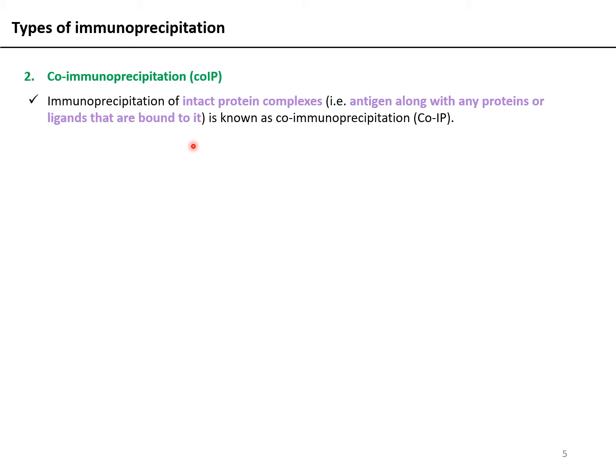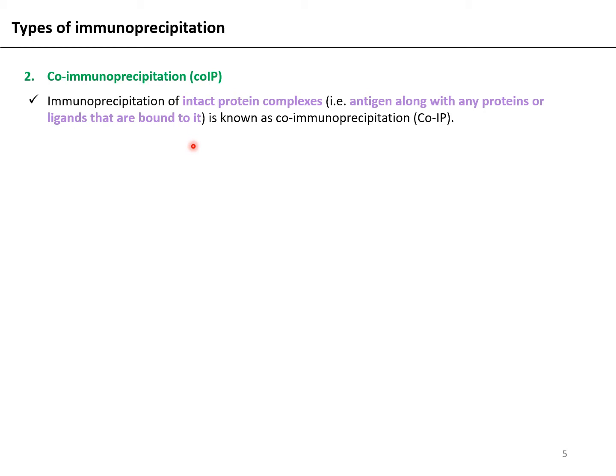The co-IP method is commonly used routinely in many laboratories to study the interaction of two or more proteins. This is something that I already discussed with you very briefly in the previous presentation on Western blotting, when talking about fluorescence based detection and the advantage of being able to detect multiple bands simultaneously in a blot.